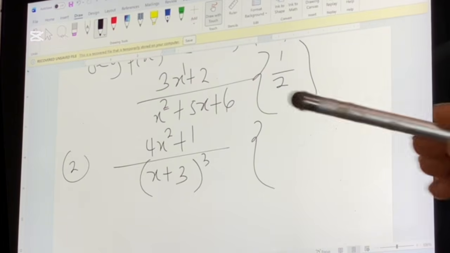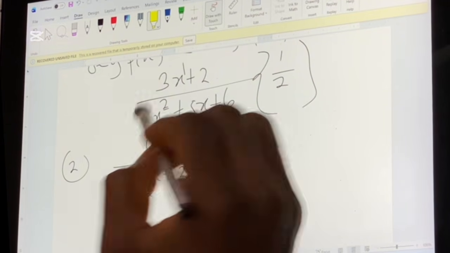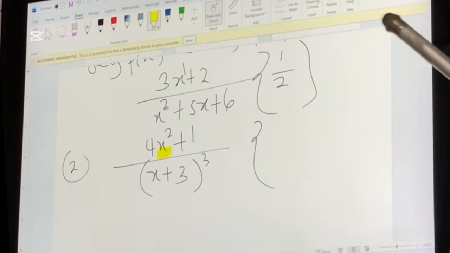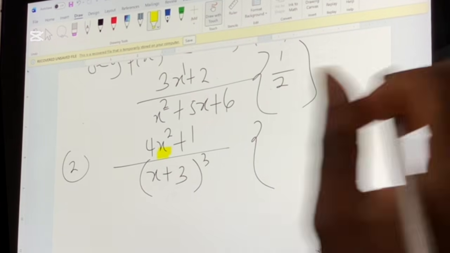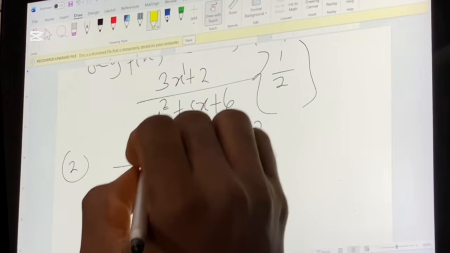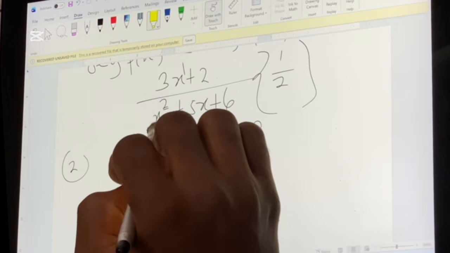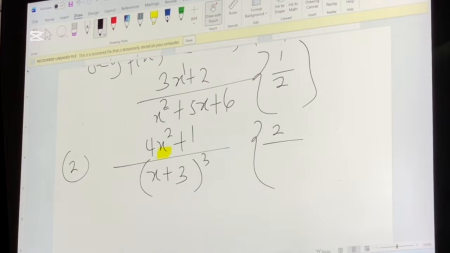The letter might not be s here, it might be any letter at all. So what you have to do is to identify the highest power of that letter at the numerator and also identify the highest power of that letter at the denominator. The highest power of s here, we are using s as the letter, is 2. So I'm going to have 2 over.